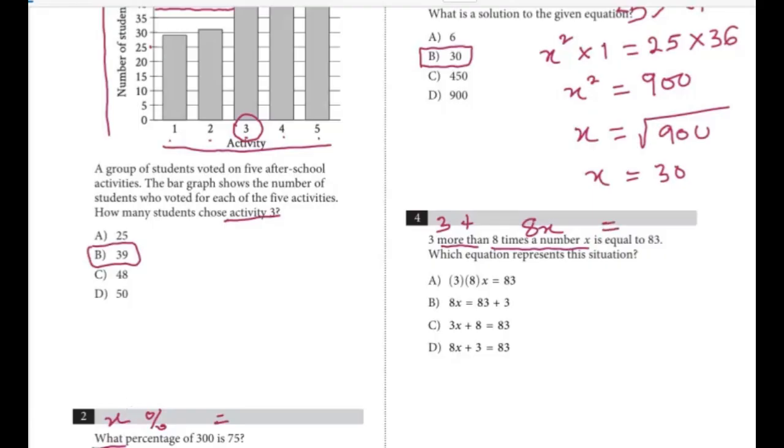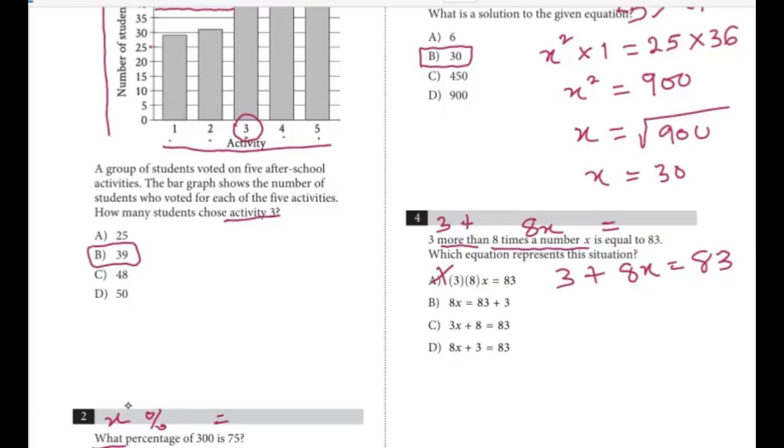Let us copy that out. 3 plus 8x is equal to 83. Let's see all their options. The first option is 3 bracket 8x equal 83. This one is not my answer because 3 times 8 will give you 24.